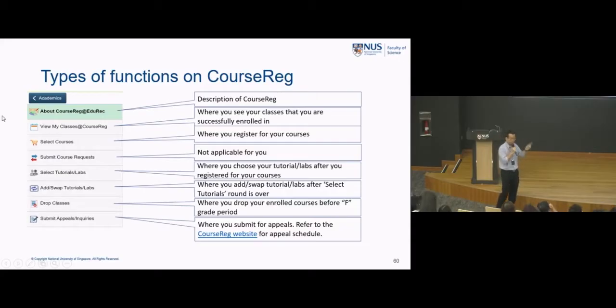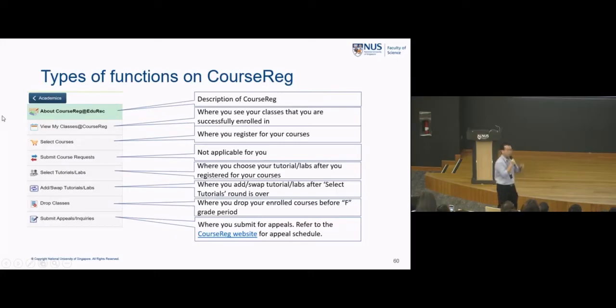On the left side, there is a menu. Okay? And what those menus lead you to, what it does for you, are explained here. I will not go through every single one. The one that is most useful and the one that you will be doing first will be select courses, because that is when you actively tell CourseReg what courses you want.